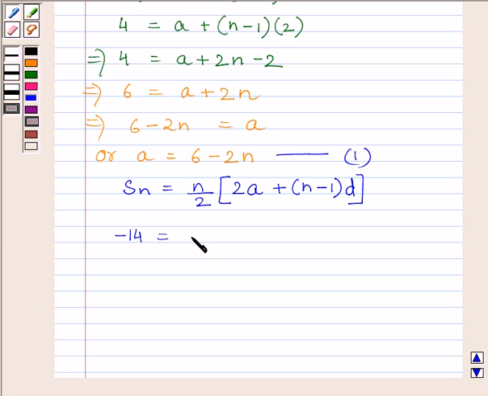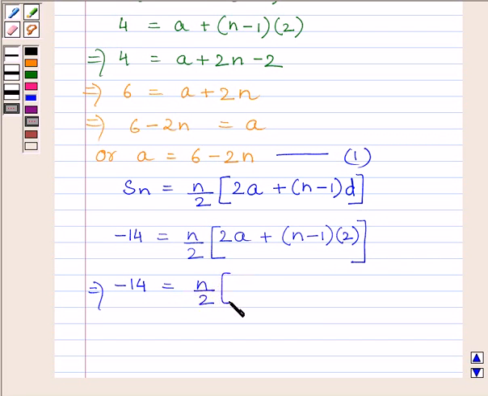This is equal to n upon 2 multiplied by 2a plus n minus 1 multiplied by 2. We know common difference is equal to 2. Now this implies minus 14 is equal to n upon 2 multiplied by 2a plus 2n minus 2. Multiplying these two brackets, we get 2n minus 2.